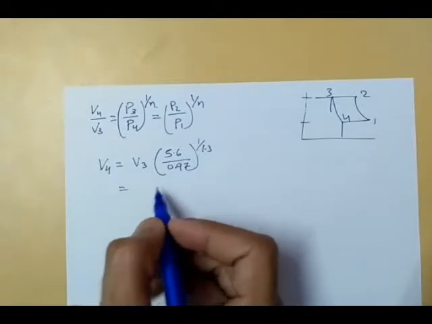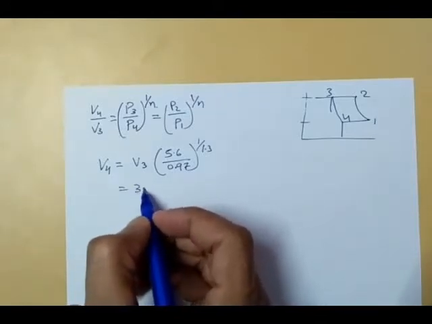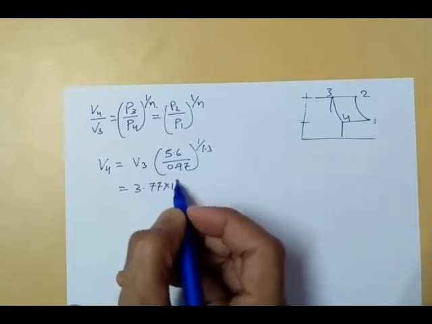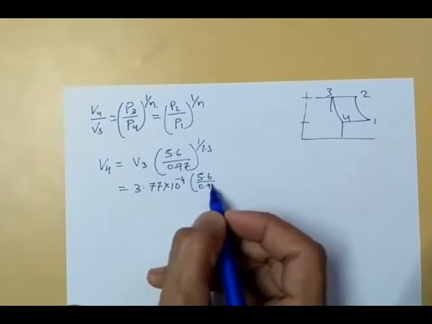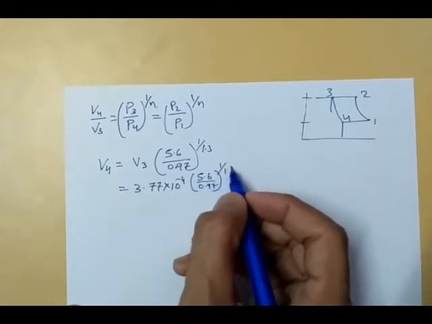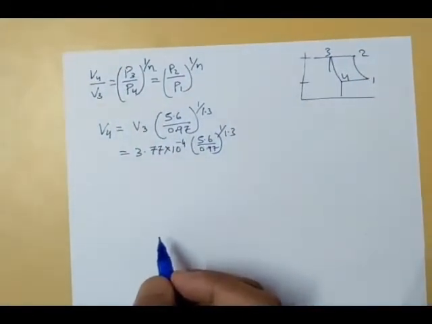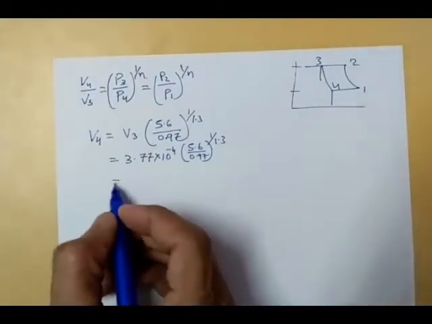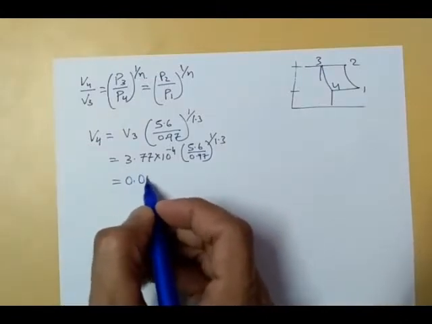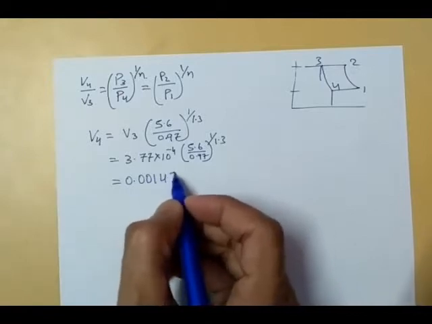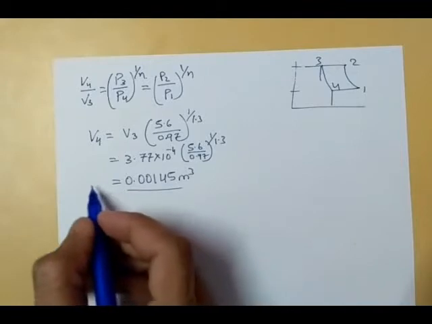With the V3 value we have already calculated, which is the clearance volume, that is 3.77 into 10 power minus 4 into 5.6 by 0.97 power 1 by 1.3, the answer we get is 0.00145 meter cube. So this is V4.